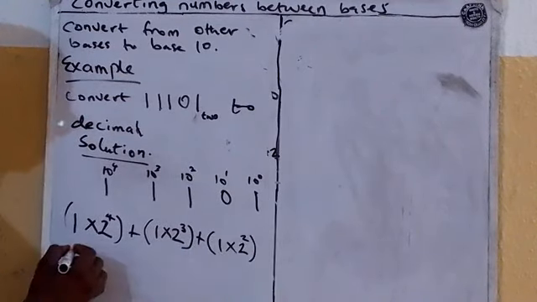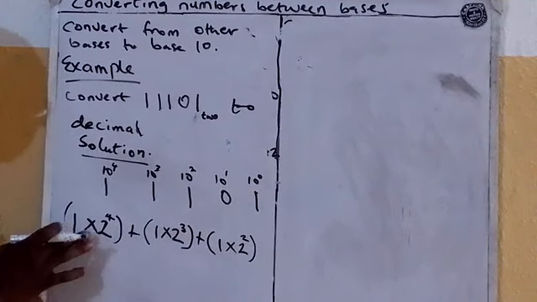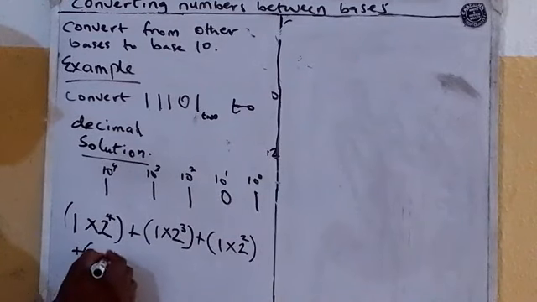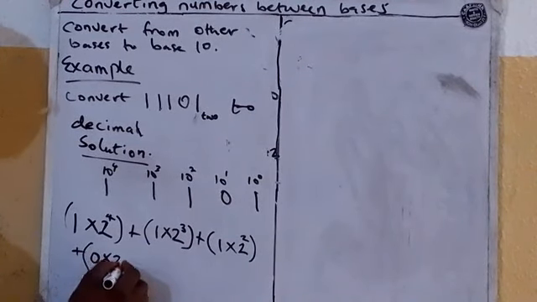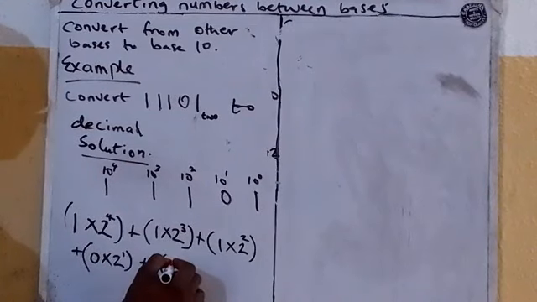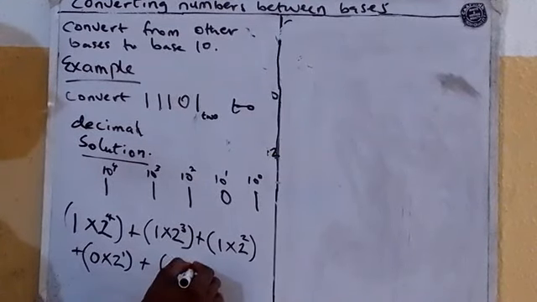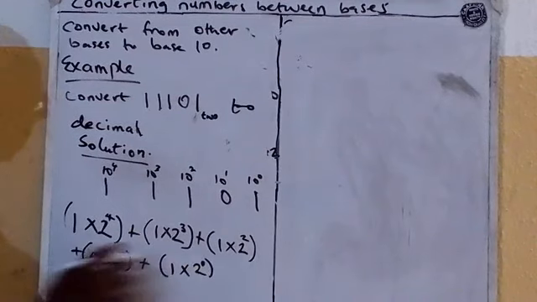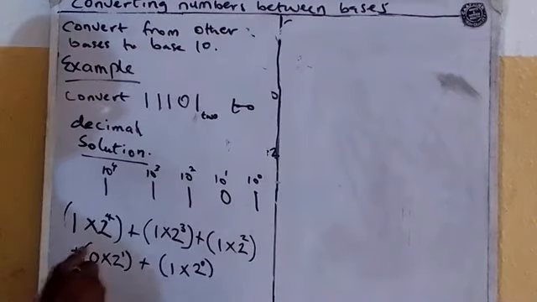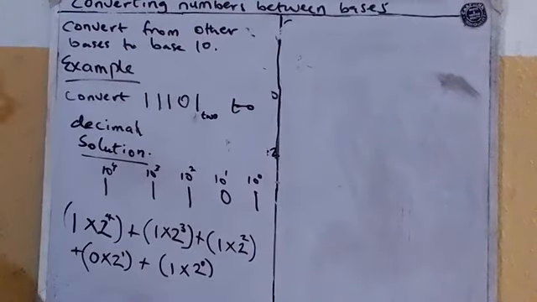Then plus, I've done 1, 2, 3. And this one is plus 0 times 2 raised to the power of 1, plus 1 times 2 raised to the power of 0. This is what you will get. This is what you are doing. You're going to just express all these ones. Express them. You see how it goes.